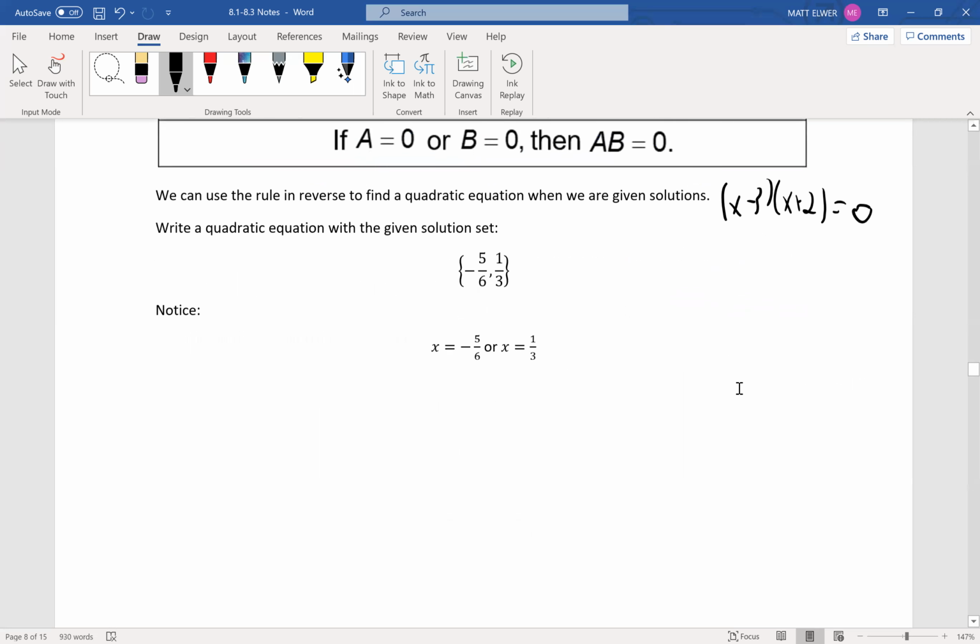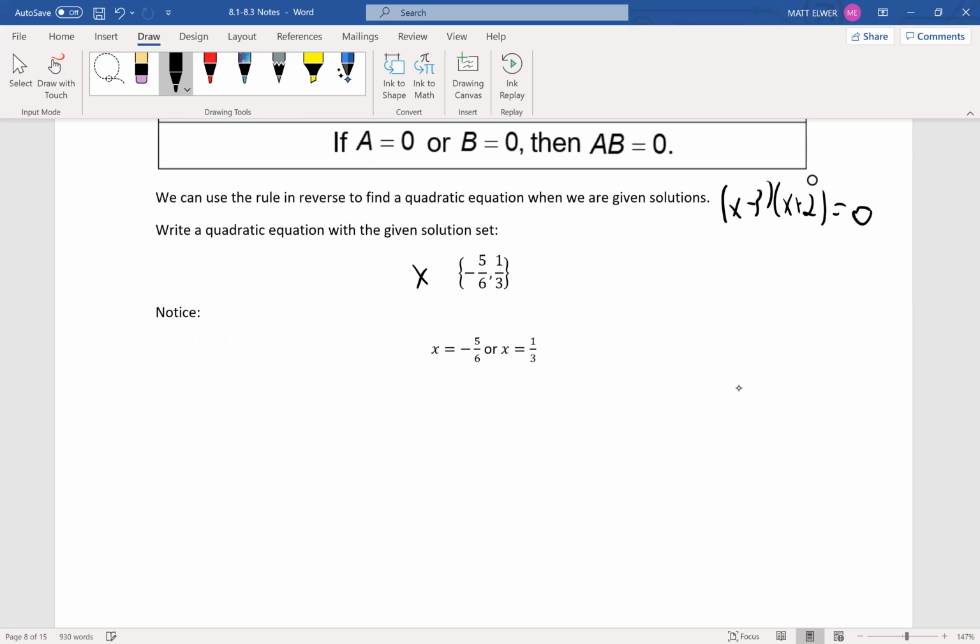Okay? So I'm going to say, this is my solution set, right? So x is equal to negative 5/6, or x is equal to 1/3, right? So what I want to do is write these, and I'll continue this example. We had two cases, right? We either had x minus 3 is equal to 0, or x plus 2 is equal to 0.